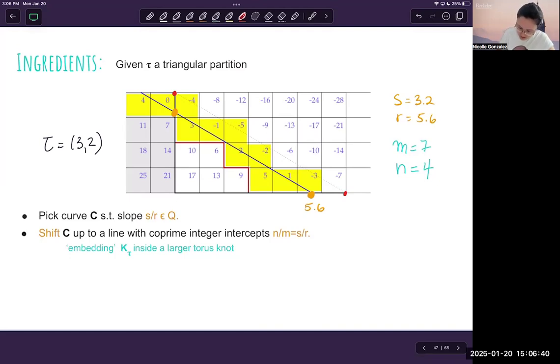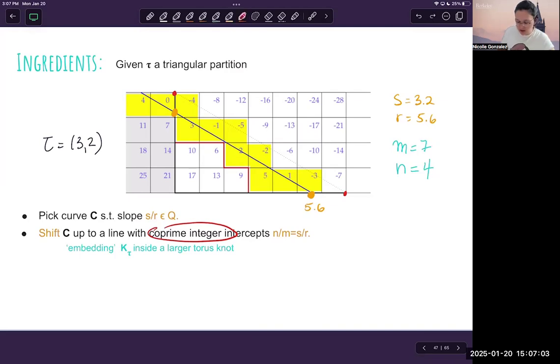Notice that the slope of the dotted line and the straight line are the same. The dotted line is the straight line shifted up, keeping the slope fixed, until the intercepts are integral and relatively prime. So I want the intercepts to be relatively prime integers, for example, 7 and 4.